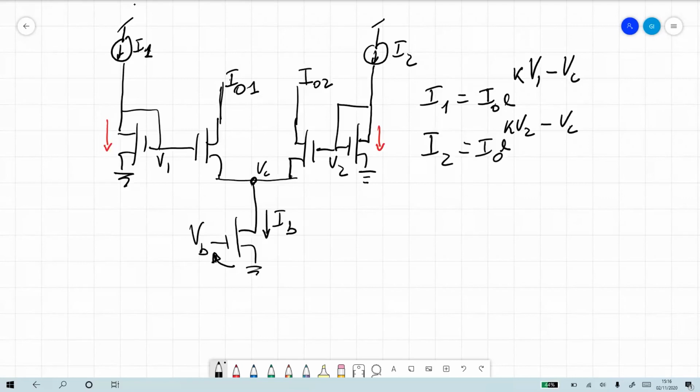And then we know that IO1, this is the standard diff pair analysis, plus IO2 is equal to IB. This is Kirchhoff's current law. All of the currents going here have to sum up to IB. So now the only unknown is VC, and we can solve for VC.